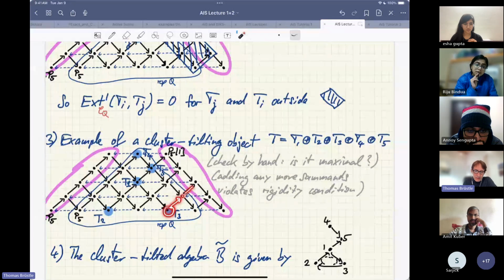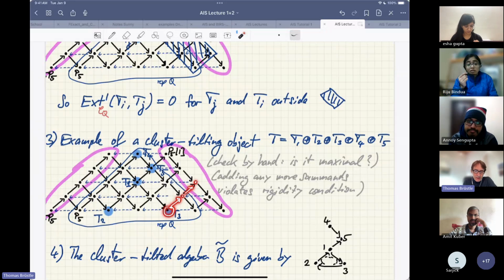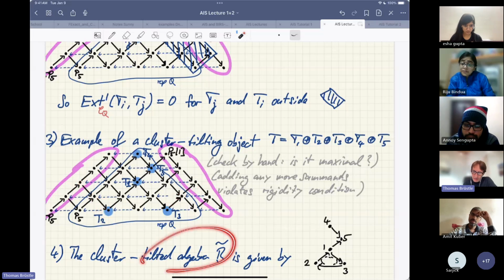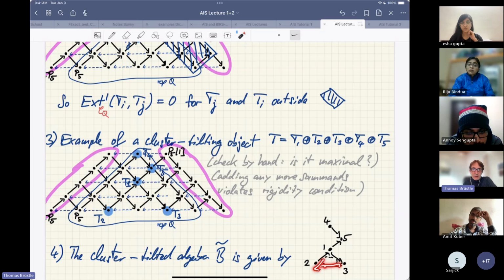Arrows are morphisms, irreducible morphisms. But this one, we identified with the one over here, didn't we? So I can continue going down here and I reach T2. So there is, in fact, a morphism from T3 to T2 in our new category. So the new larger algebra has one more additional arrow from 3 to 2.